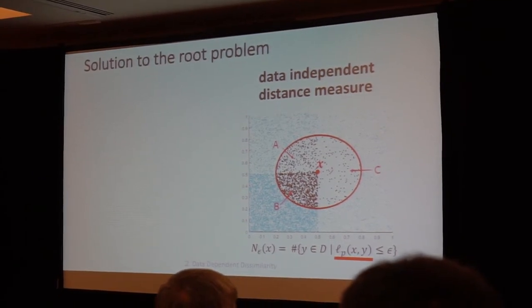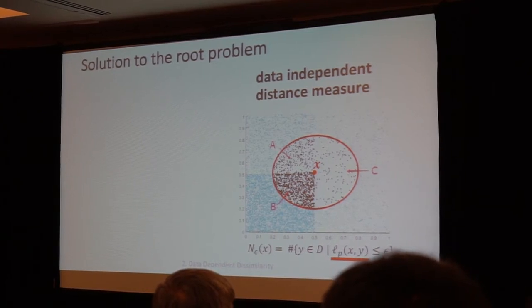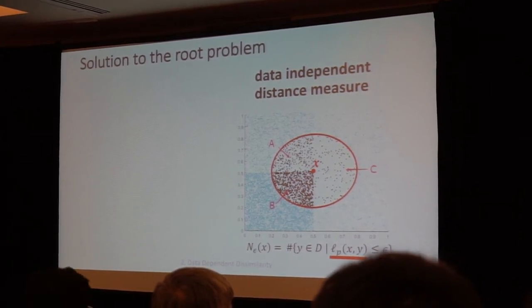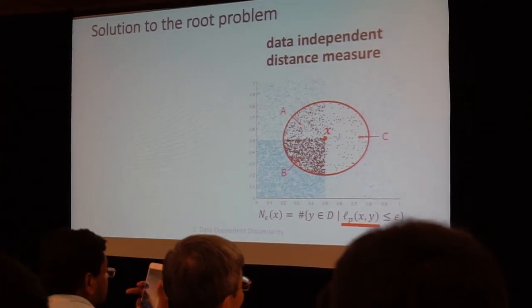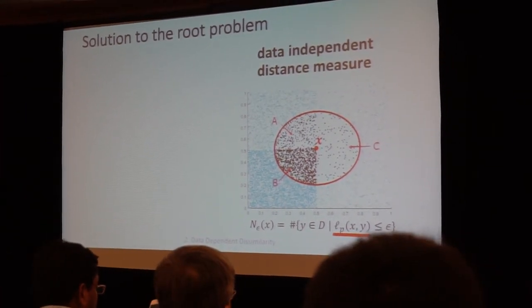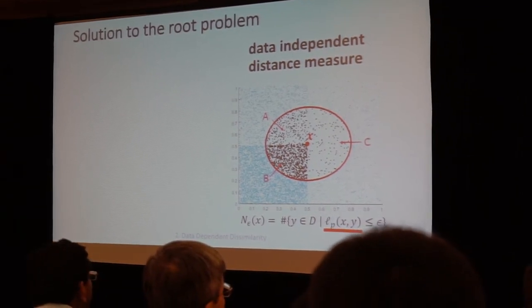In order to avoid the volume calculation, you want to make sure that the volume is constant, so that you can avoid estimating it. That makes your task of estimating densities a lot easier. That's why the epsilon has to be constant.